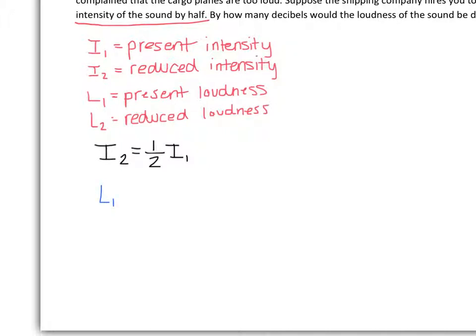Loudness 1 will equal 10 log of intensity 1 over intensity naught. And loudness 2, the reduced one, will equal 10 log intensity 2 over intensity naught.